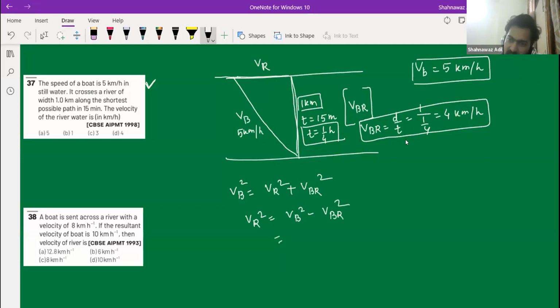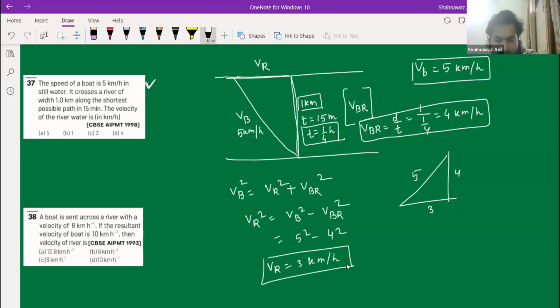So how much is this? This is 5 square, this is 4 square. 5, 4, 3 is the right triplet. If this is 5, this is 4, so this would be 3. So VR would be 3 kilometer per hour. Right, so this would be the option.